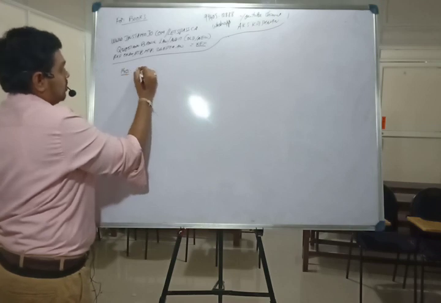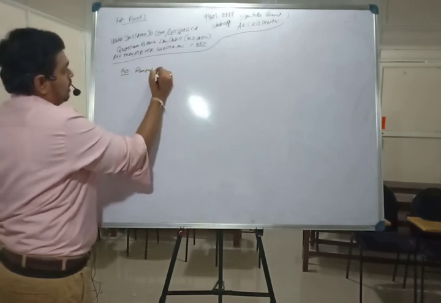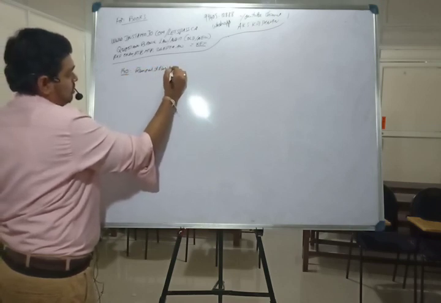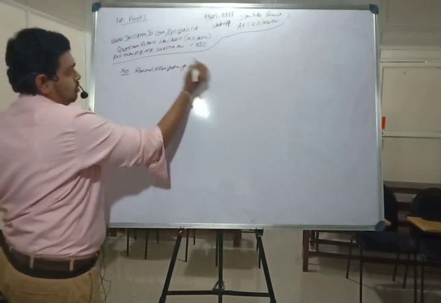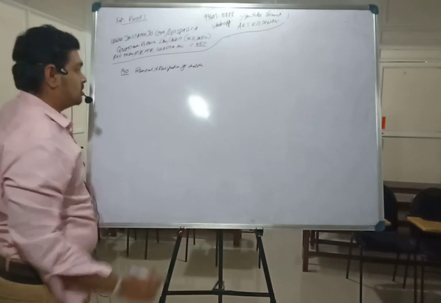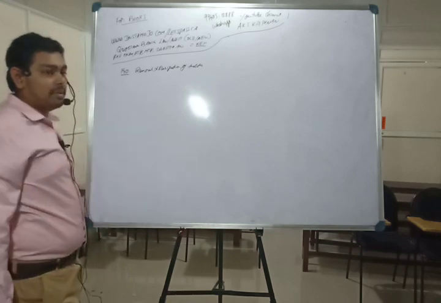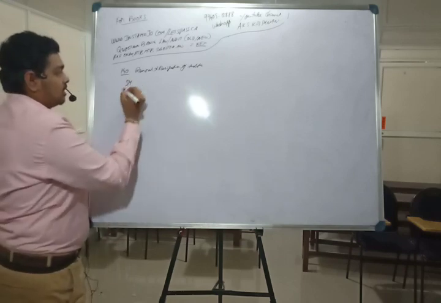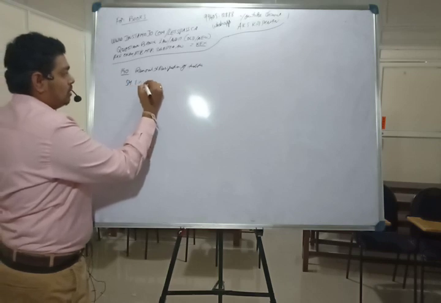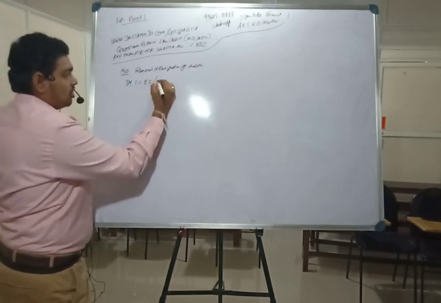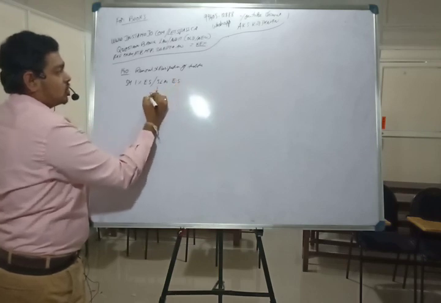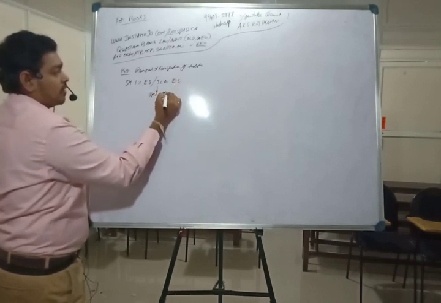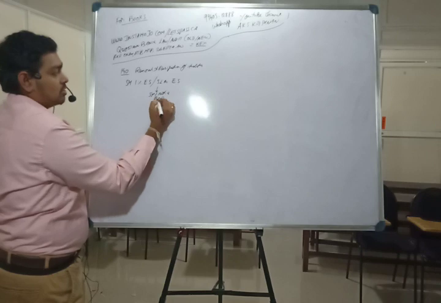Section 140, removal and resignation of auditors. Sir, how can an auditor be removed? A shareholder holding 1% of equity shares or 5 lakh rupees worth of equity shares has to send a special notice to the board of directors.